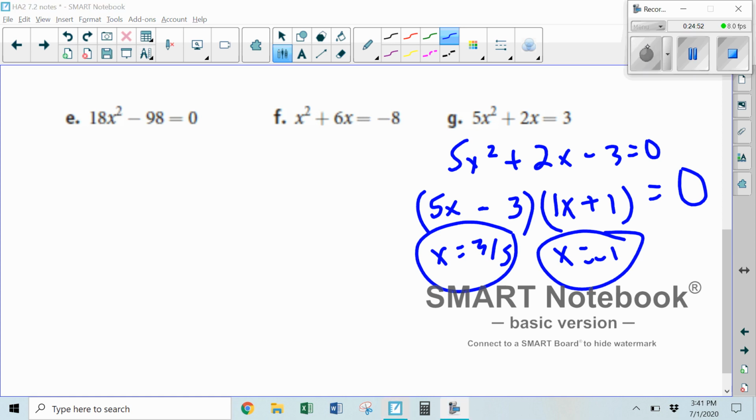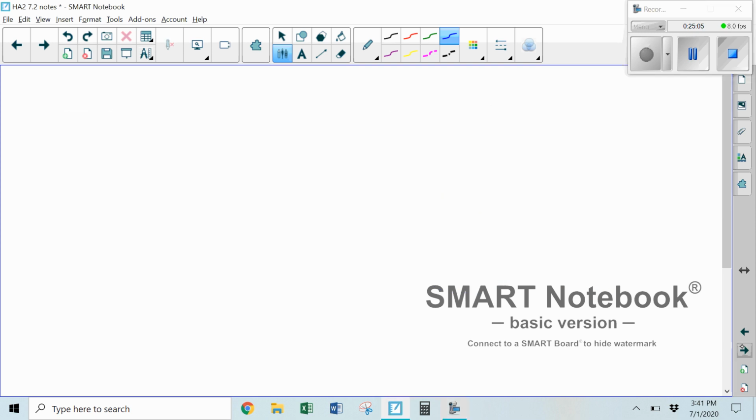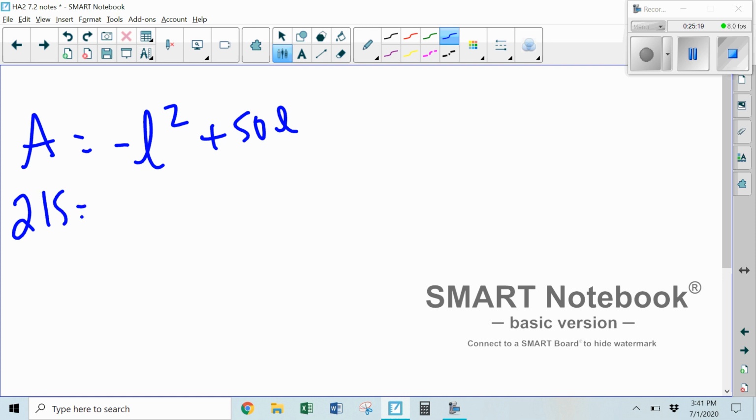So the next page is kind of going to talk about the area problem again, but instead of going with what that problem says, let me go over an overview. So we had an expression, -L squared plus 50L. That was our area formula. I could figure out any area I want. I could figure out the length if the area was 215.